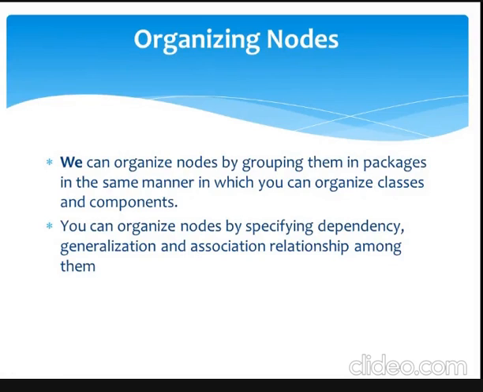Similarly to how we organize components in terms of packages, nodes can also be represented using packages. We can organize components in terms of dependency, generalization, and association relationships, and nodes also in the same way.